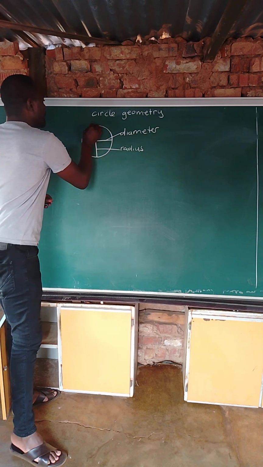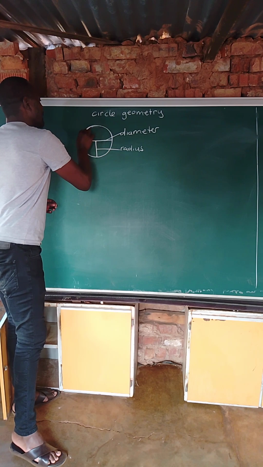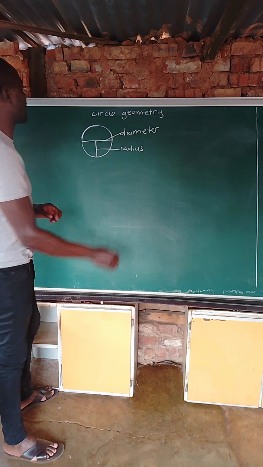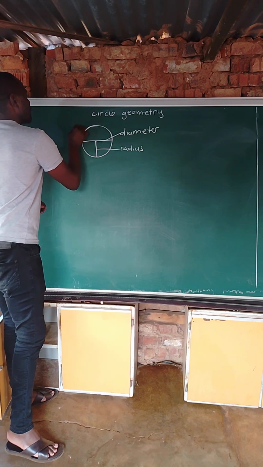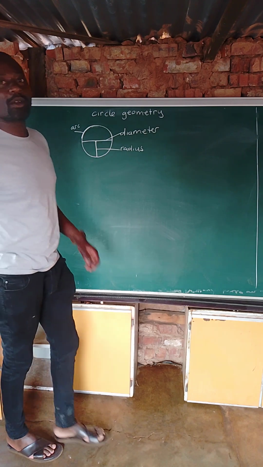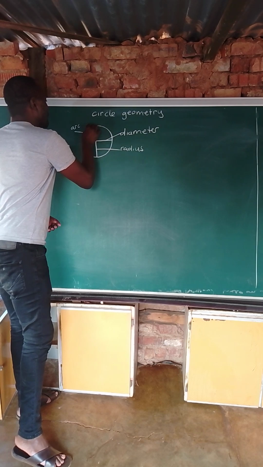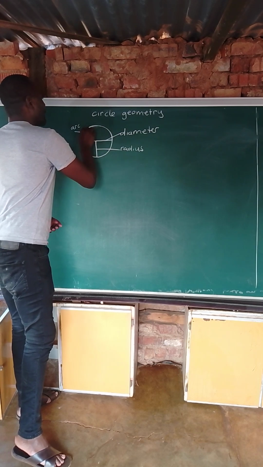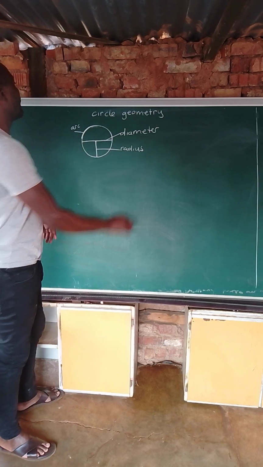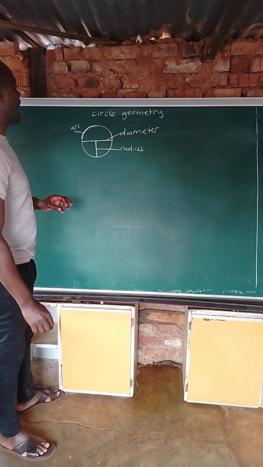So, we go again. Any part of the circumference like this is called an arc. When we have it like this, we have an arc, and this other part again is also an arc.